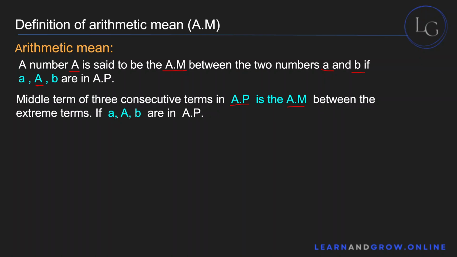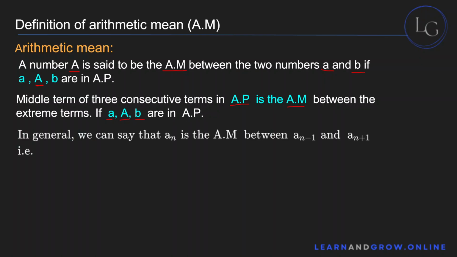If a, A, and b are in arithmetic progression, then for general purposes, we can say that an is the arithmetic mean between an minus 1 and an plus 1. Obviously, because an minus 1 is the term before an, and an plus 1 is the term after an.